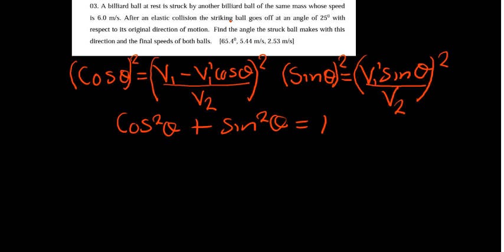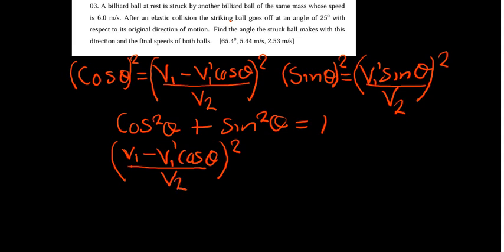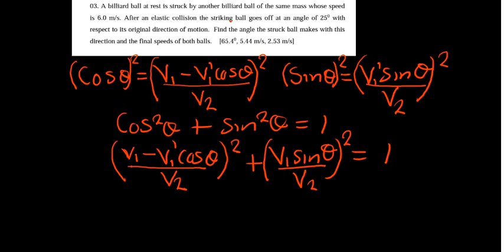So we're going to say our v1 minus v1 cos theta squared, divided by our v2, plus our v1 sine theta divided by our v2, square the whole thing, is equal to 1.